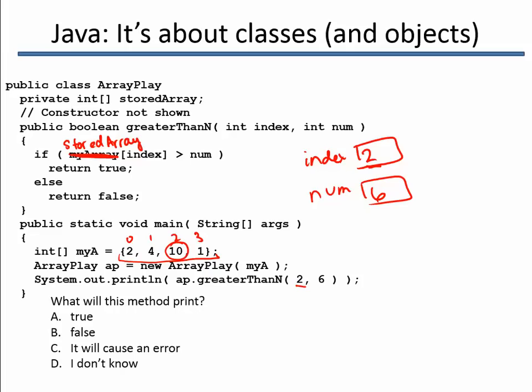Again, it's actually going to be a different copy of this array in memory, but these are the values that are going to be stored in it, as you saw with that constructor earlier on. So we'll find this value here, which is 10, and compare it against num. It is greater than 6, which is num, so we're going to return true. So in the end, this method will return true. And then it will print true.